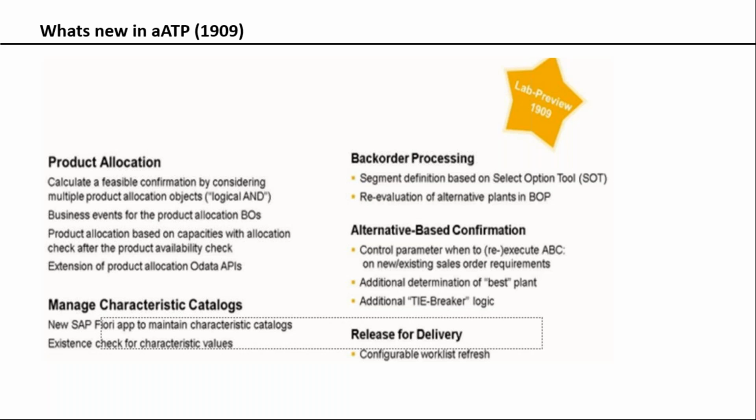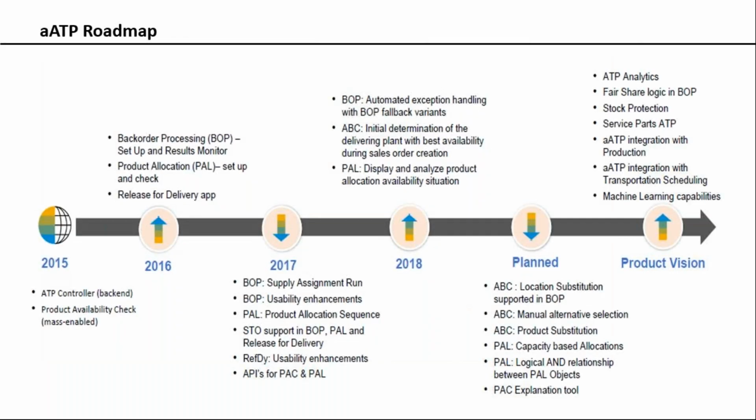As I told you, the regular classes will be conducted in the 1909 system only. So this is the main key roadmap. You can see from 2015 until now what was delivered in advanced ATP in every release. I think now after 1909, ATP is in very good shape for clients who are already using GATP, because till 1809 it does not support all the functionalities similar to GATP.